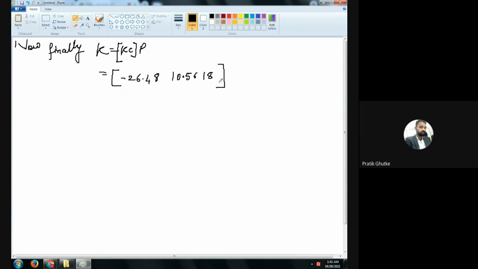Multiply with your P matrix. So the K matrix, that is the controllable matrix, would finally be 1.476, 0.264, and so on. We are finding the K matrix, or the feedback controller, that you have to find for the system.